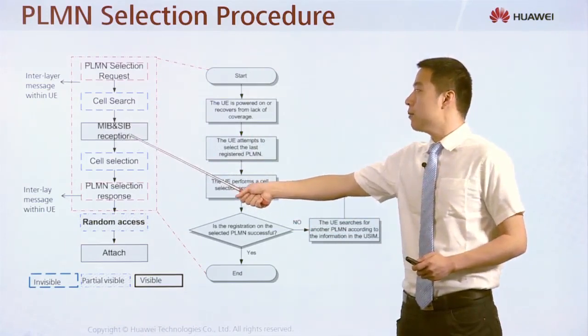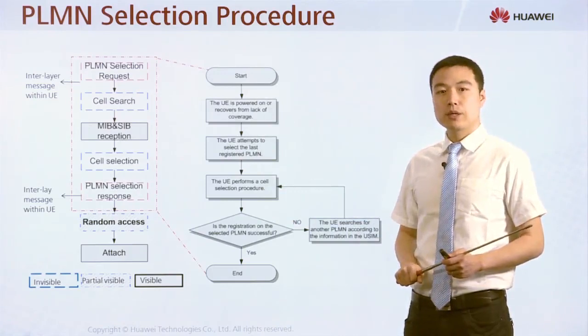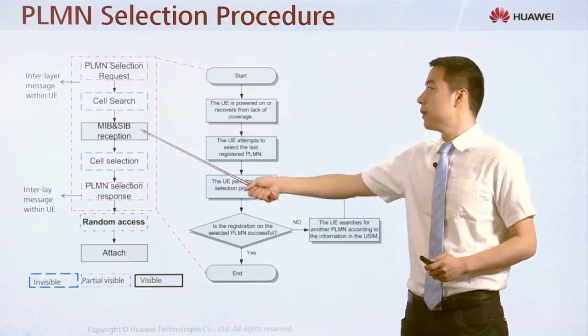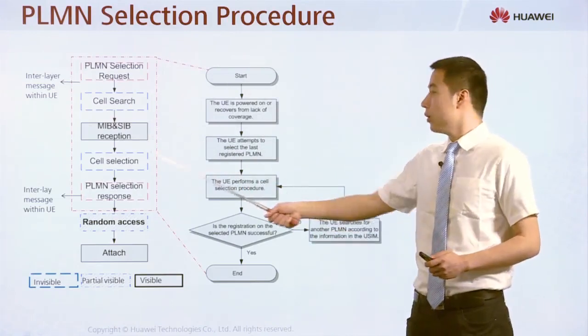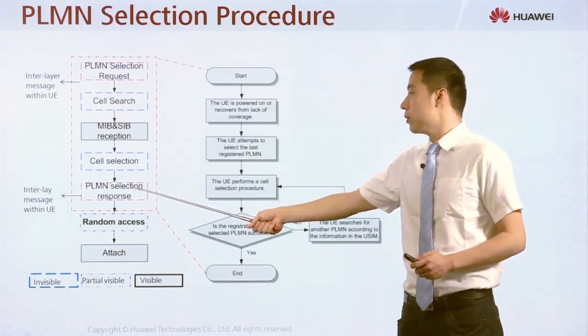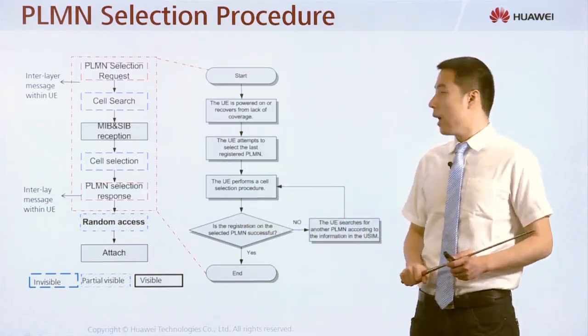Based on the MIB message and the SIB message, UE will select a cell based on the criterion from the MIB and SIB messages. After the cell selection, UE will perform the PLMN selection response.